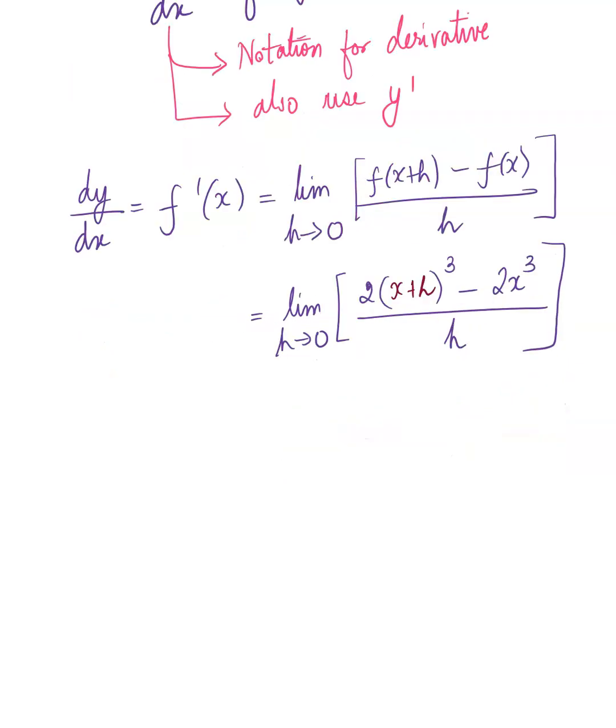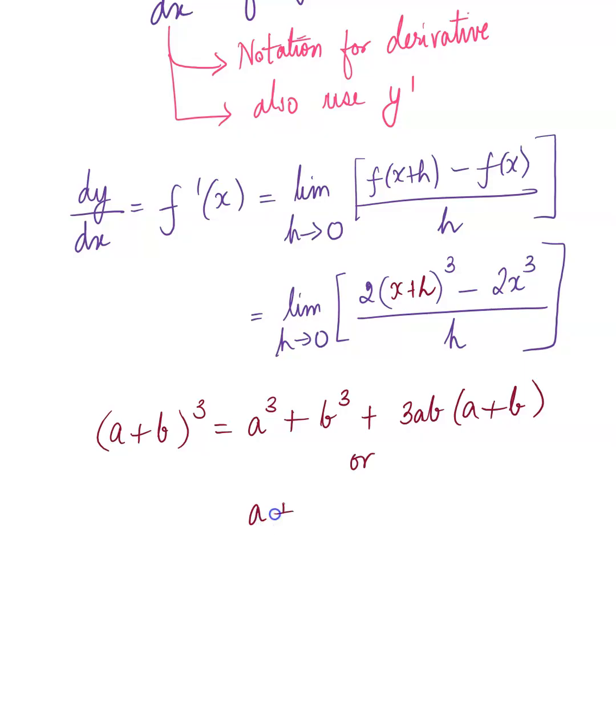So the a plus b, the whole cube formula, is basically a cubed plus b cubed plus 3ab times a plus b. Or if you didn't remember the formula, you're basically multiplying it 3 times over. So you'll have to FOIL these two, and that result will have to be distributed to a plus b. So your call.